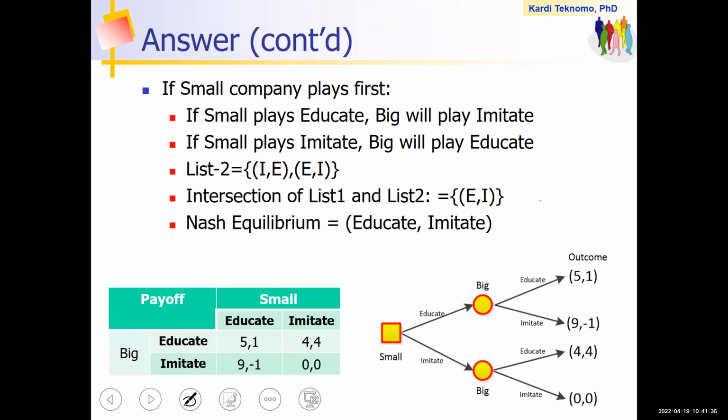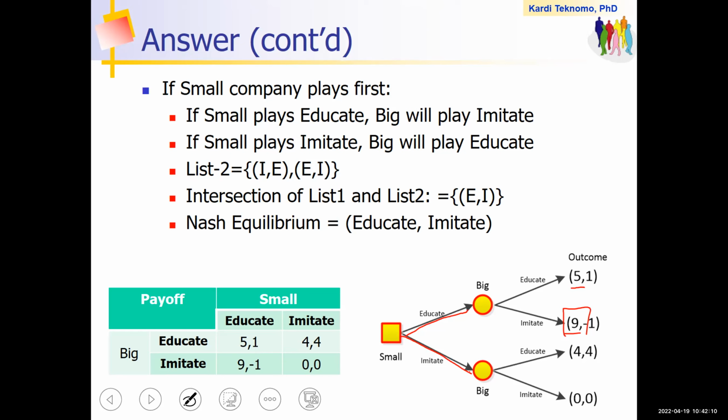Okay, so if small plays first, you draw differently. You check, okay, if small plays educate, what will the big company do? You look at the first number, between 5 and 9, 9 is winning. And then if small plays imitate, what will the big company do?